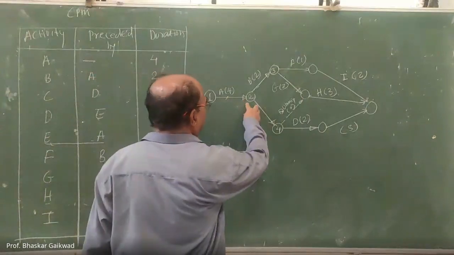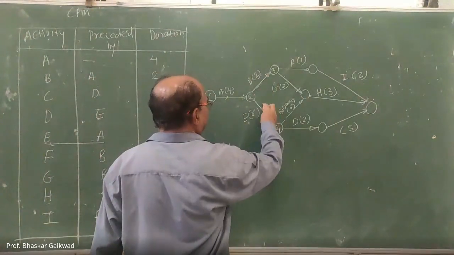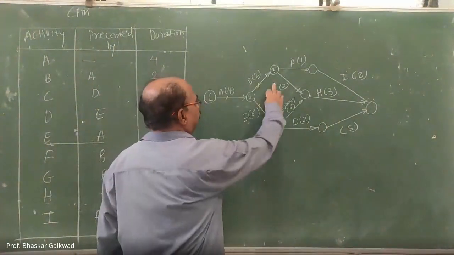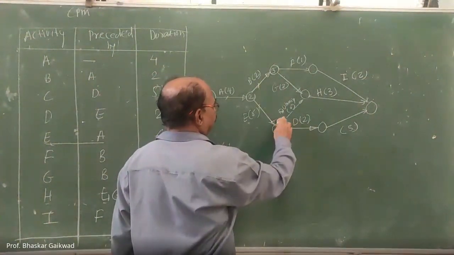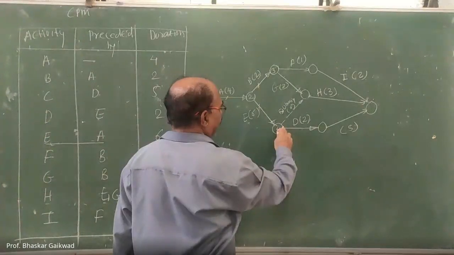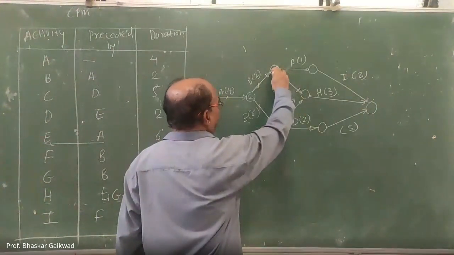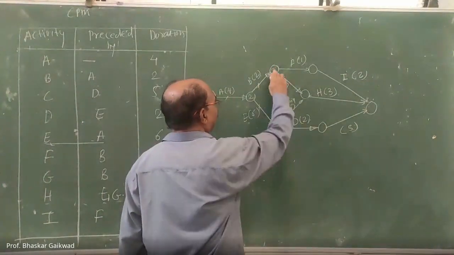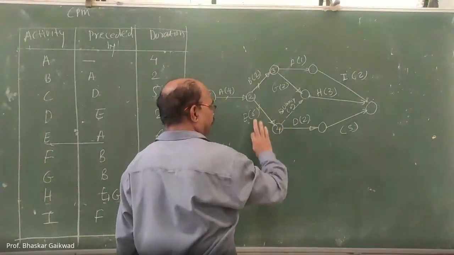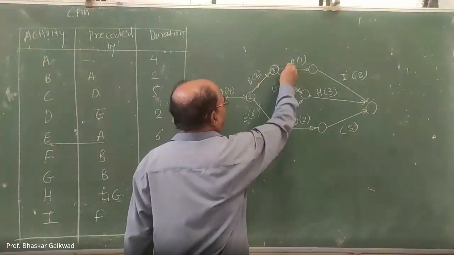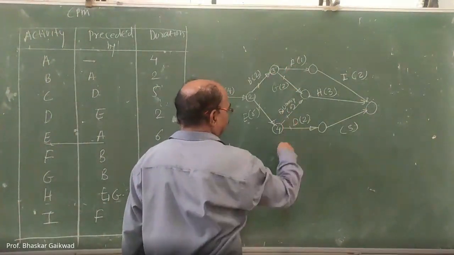After that, the outgoing activities from the next event, we can give number 2. Then 3 and 4, which are outgoing activities, either you can give 4 here or 3 here. Once we give these numbers, you have to mark this activity.